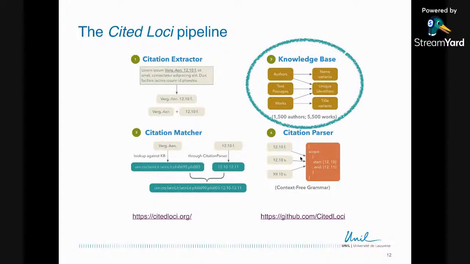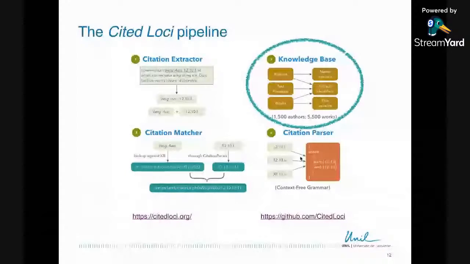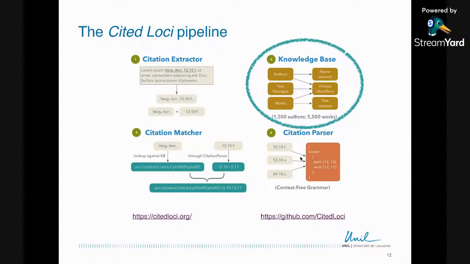I will zoom in a little bit on this component of the pipeline, because I think it's also interesting for the discussion, and it's a good link for the next session on the Digital Latin Library. This knowledge base contains knowledge about authors, their works, and their text passages. This knowledge is in the form of name variants in different languages and also abbreviations.